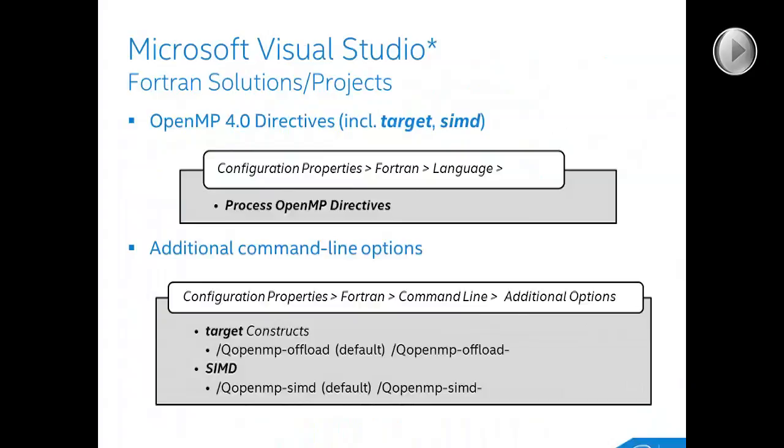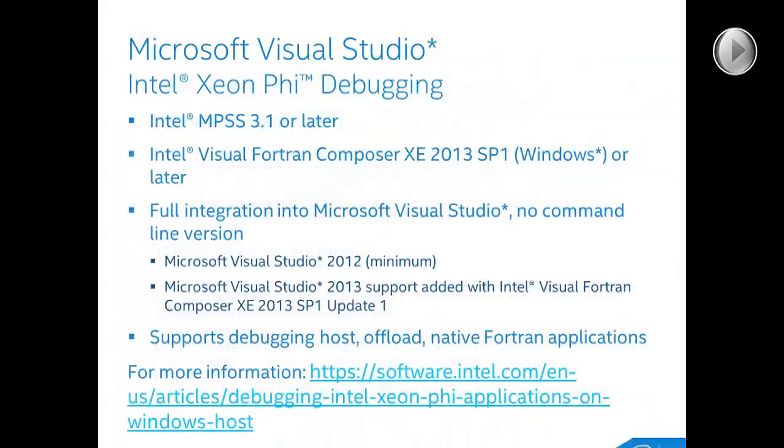And then to control either the target construct directives and their behavior or recognition, or the SIMD constructs, you'd need to do that utilizing the property setting for Fortran Command Line Additional Options. By default, when you enable recognition of the OpenMP directives using the property setting mentioned in the first bullet, you then have control over the target or the SIMD from the additional options using the compiler options that are shown. By default, those options are recognized and processed.